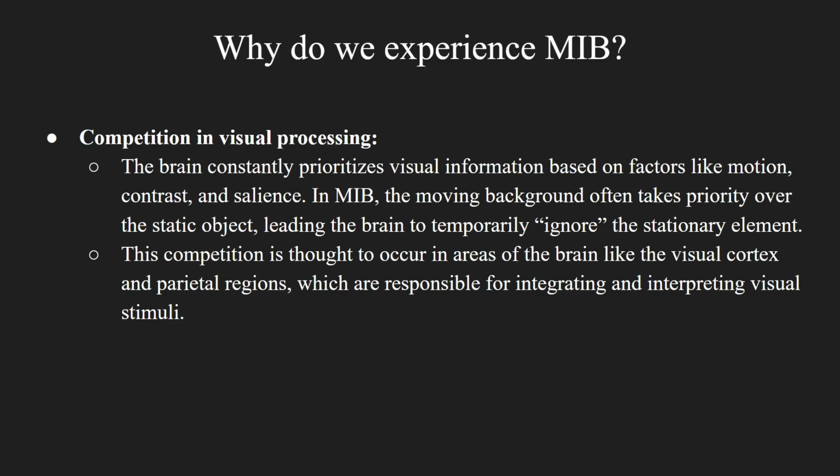The competition is thought to occur in areas of the brain like the visual cortex and parietal regions, which are responsible for integrating and interpreting visual stimuli. It's also good to note that our brain ignores these stationary elements because it finds them irrelevant and not a threat to us, which is why we often don't see them.